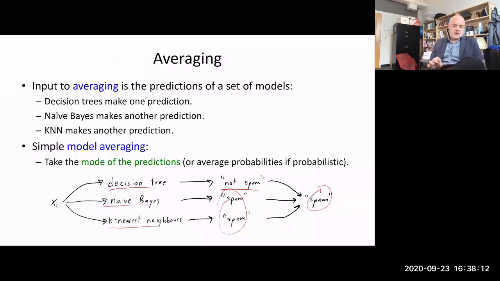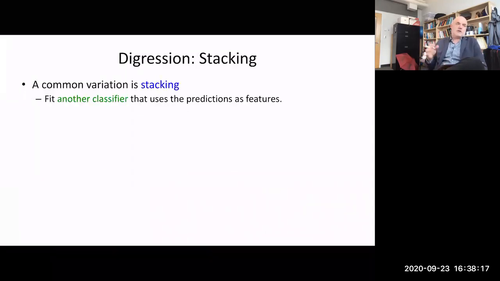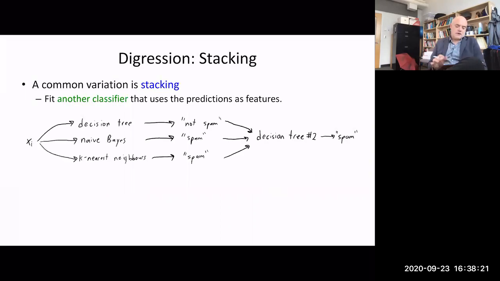So another thing that you can do, which is arguably even more powerful, is that you can stack your classifiers, okay? So what you do here is you fit a classifier that uses the predictions from the other classifiers as features. So same setup, we train a decision tree, a naive Bayes classifier, and a k nearest neighbors classifier to classify email as spam or not spam, right?